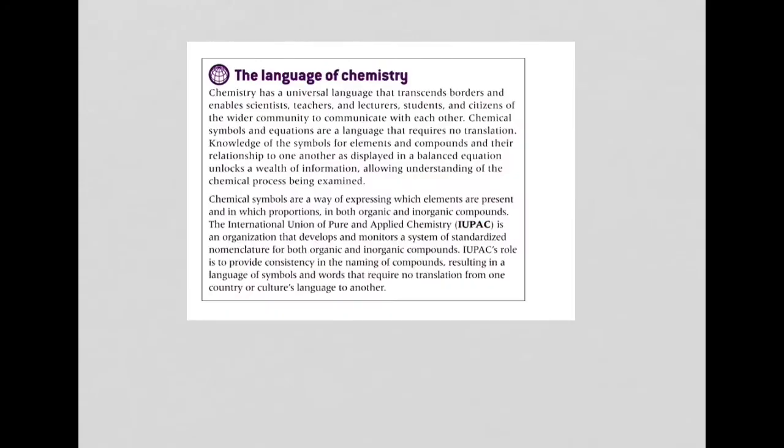Now, this part is called the Internationalmindedness. So it's just looking at chemistry from an international point of view. And as you know, we have a system of naming in chemistry. This is called nomenclature, and this is regulated by the IUPAC, which is the International Union of Pure and Applied Chemistry.